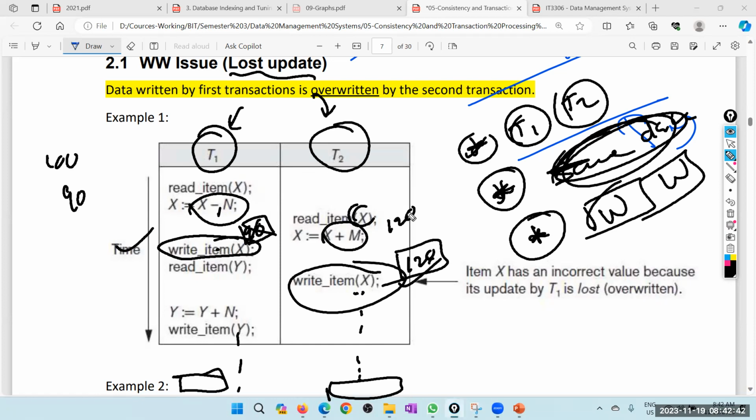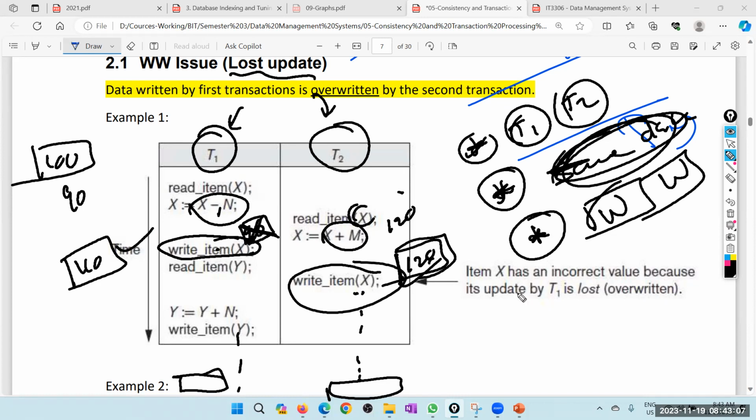Then to that 90, you add 20, which makes 110. Ultimately, it should have been 110. But now the database says 120 because the update is lost. Before the write, this transaction had already read the original 100. So that is called the write issue, or the lost update.